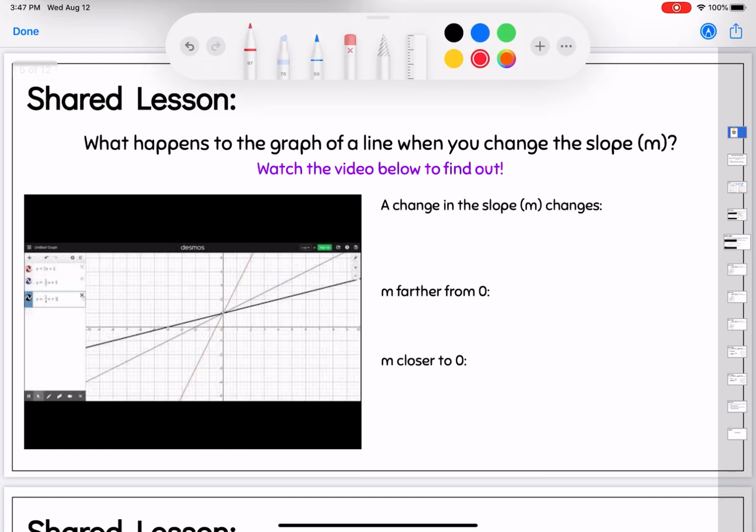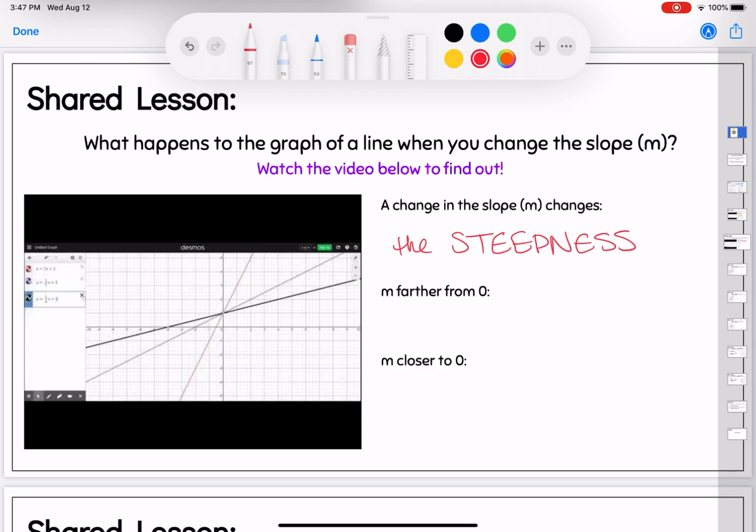So as you just saw in that video, what happens when you change the slope is that it changes the steepness of the line, right? So changing the y-intercept causes a translation. Changing the slope changes the steepness of the line. Now, it is a little bit tricky to describe, right?